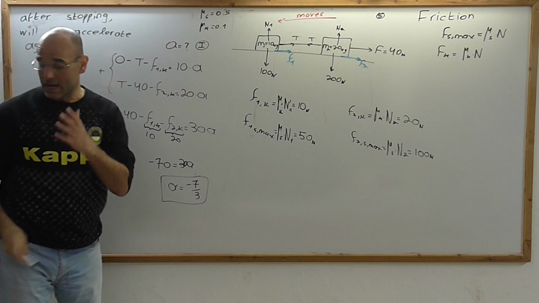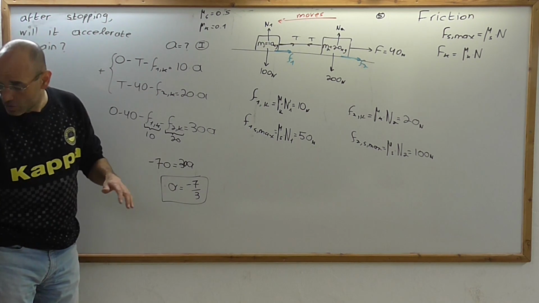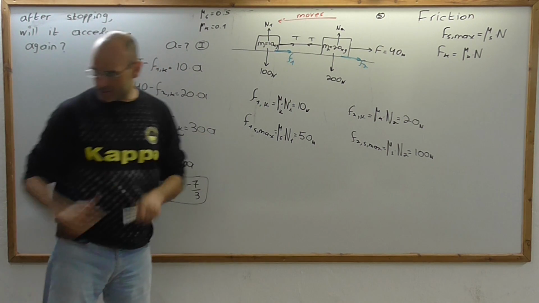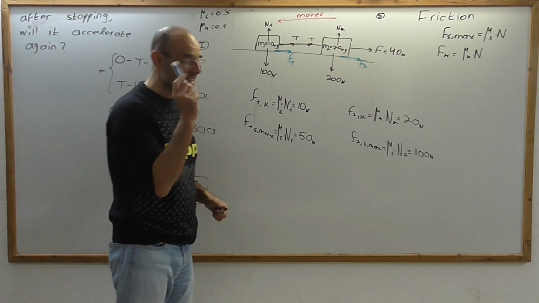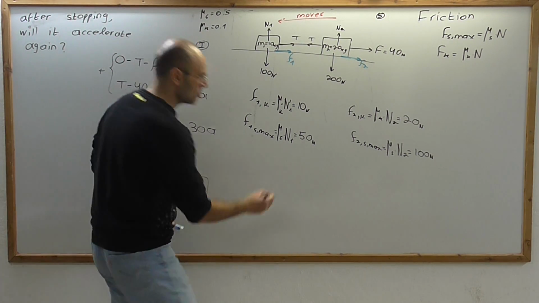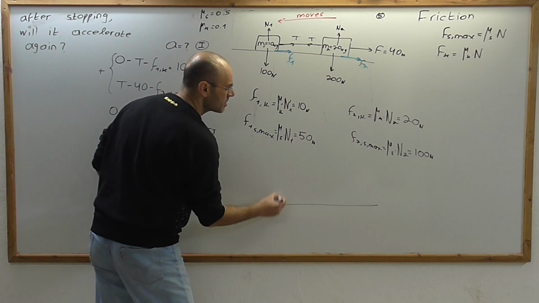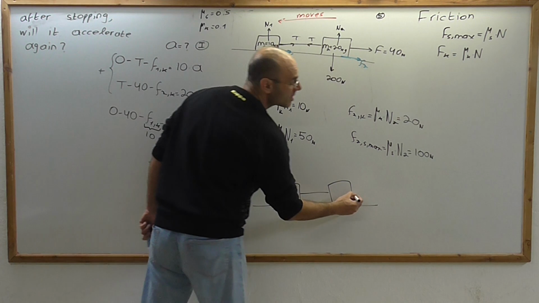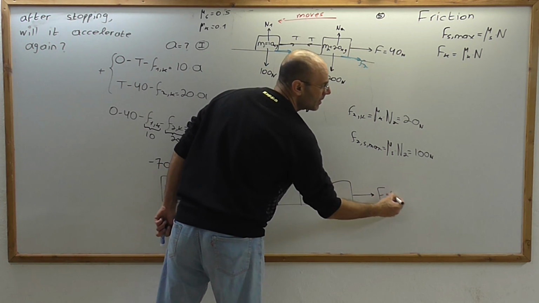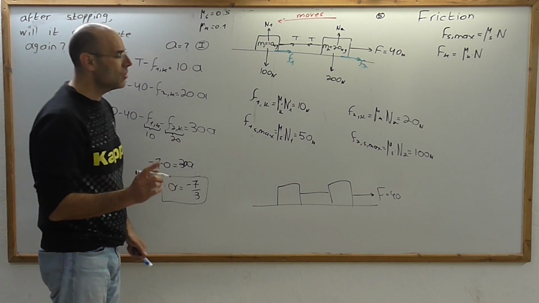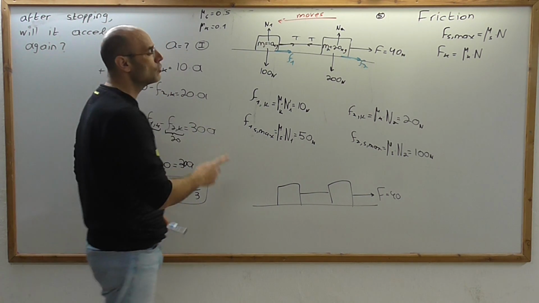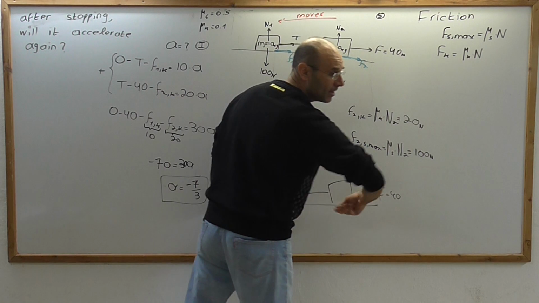Okay, how do we know that? First of all, we look at the system again. After it stops, let's draw it again. After it stops, it's static now. The external force is still 40. But now something very interesting: the tendency of this system to go is now to the right.